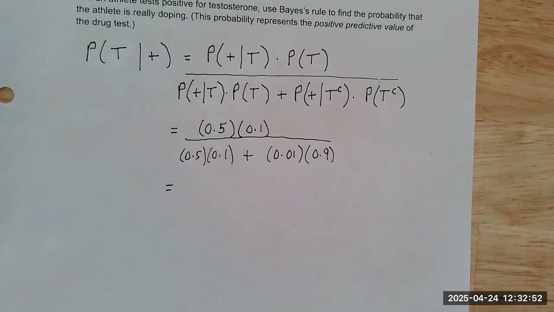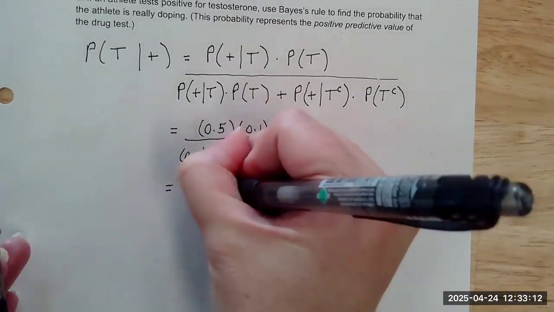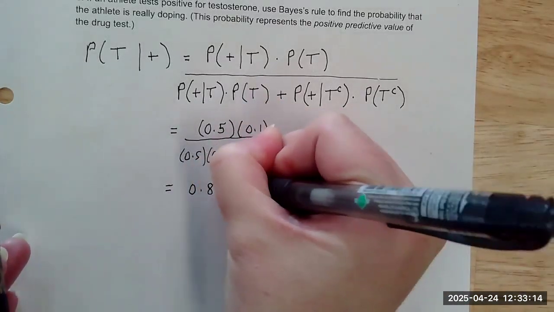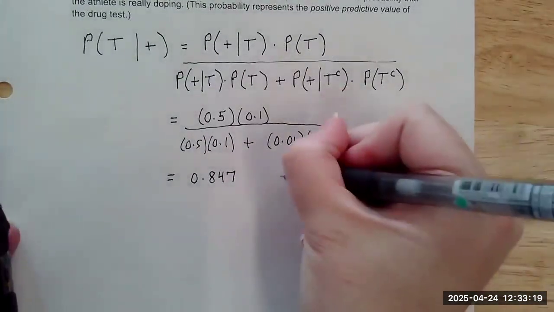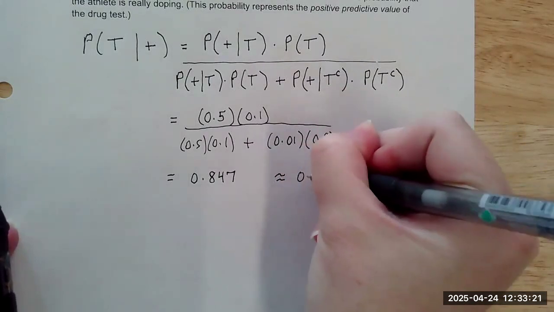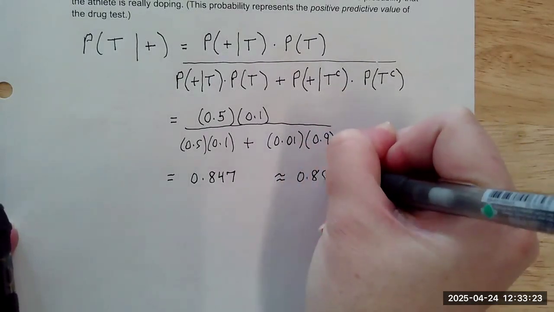Okay. Right, this came out to be 0.847. So if I rounded that, that's approximately 0.85.